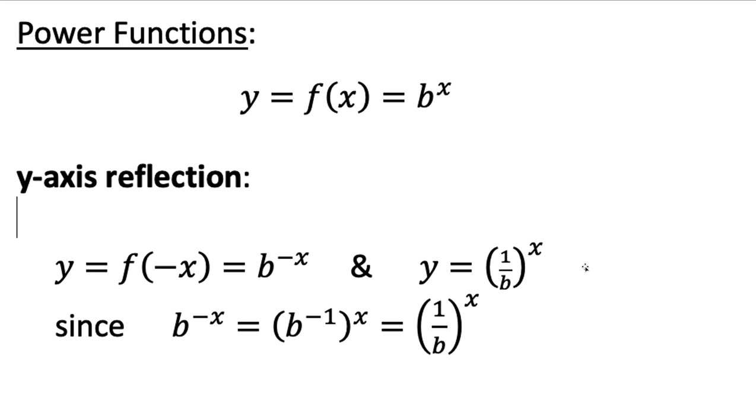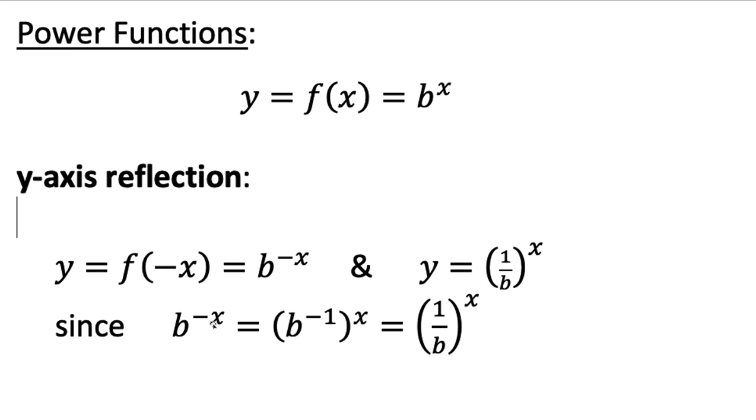Do you remember how to get the y-axis reflection of a function? You replace x by minus x, right? So if I have y equals f of x defined as above, then y equals f of negative x would be the y-axis reflection. I replace x by minus x here, and I would get b to the minus x power. Now, recall that b to the minus 1 power raised to the x power would be the product of the exponents, right?